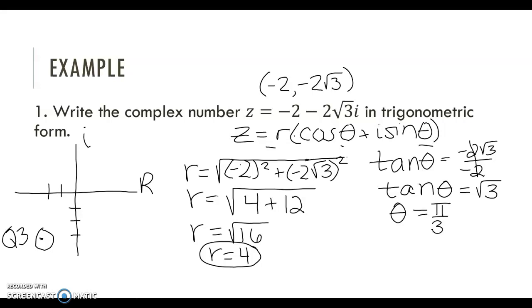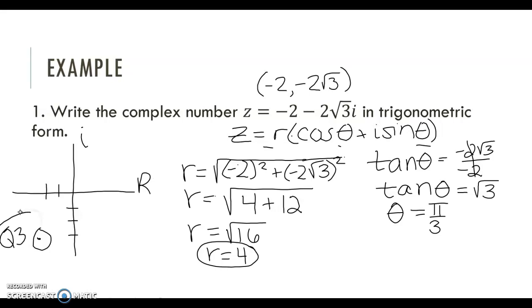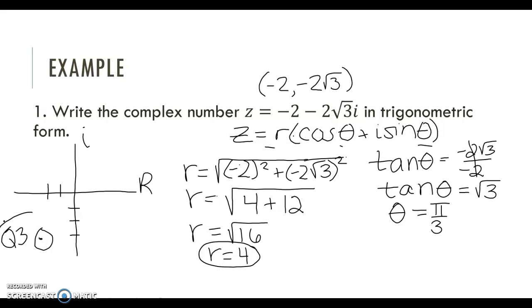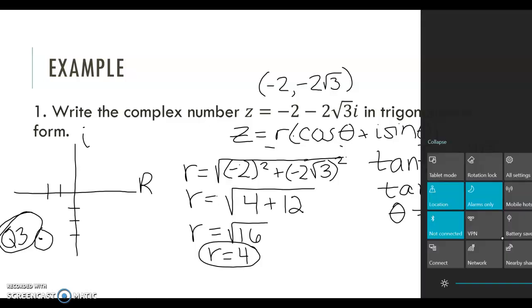But we already know our point is in quadrant 3, whereas pi over 3 is in quadrant 1. So I need to change this theta so that it's in quadrant 3. To do that, I add pi to it. When I add pi, I get 4 pi over 3, which is another angle at which tangent is equal to square root of 3. This is the angle we're looking for, considering I want my point to be in quadrant 3.